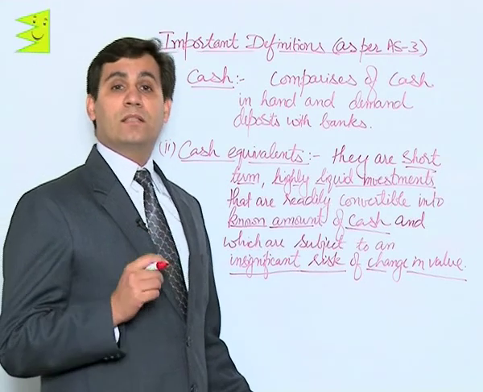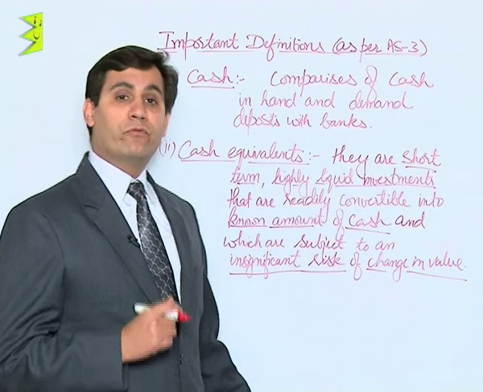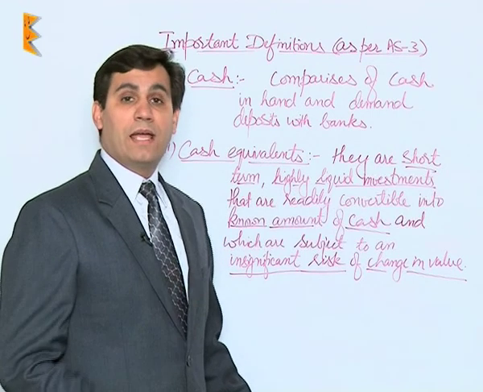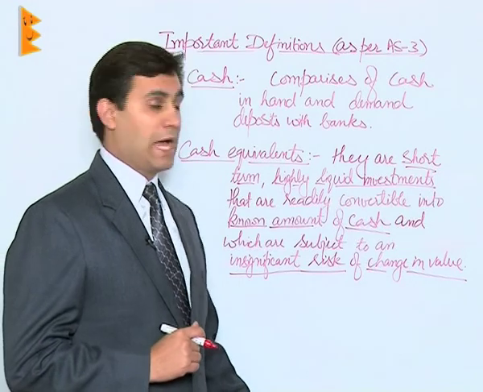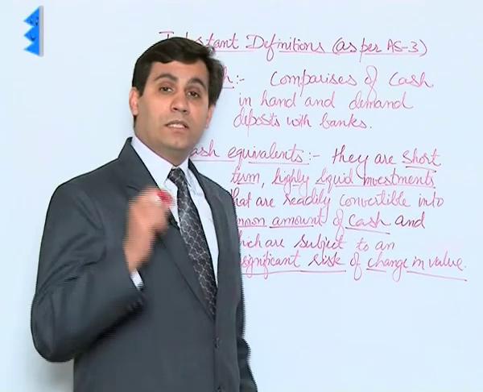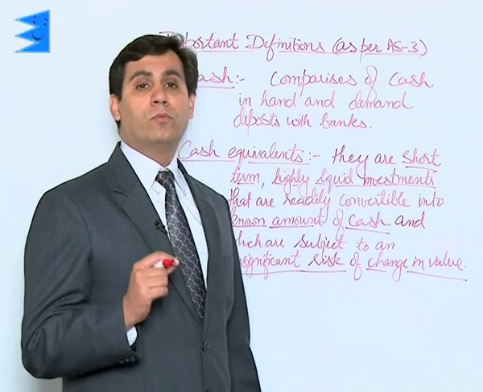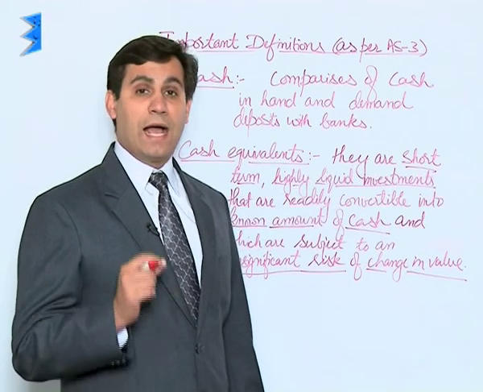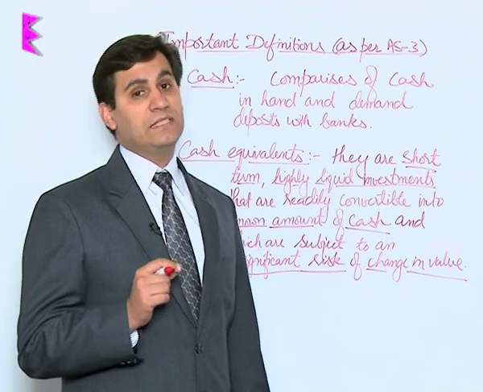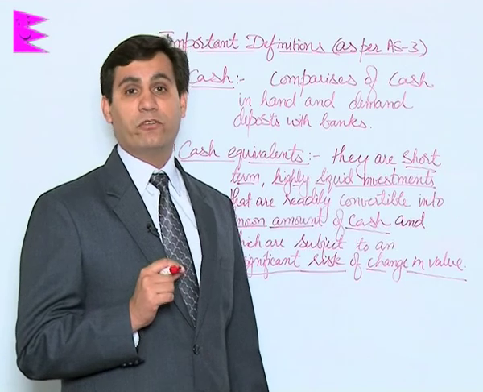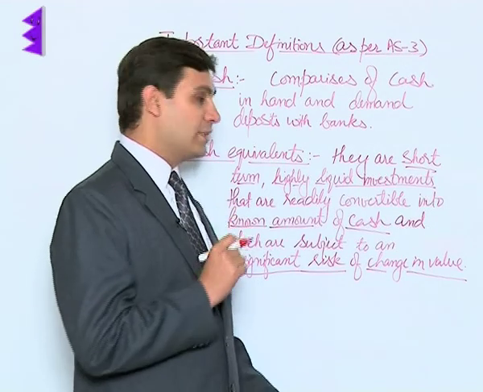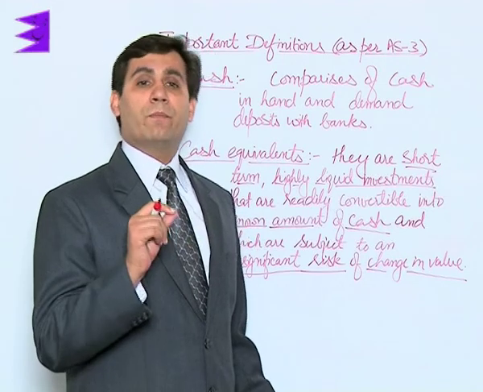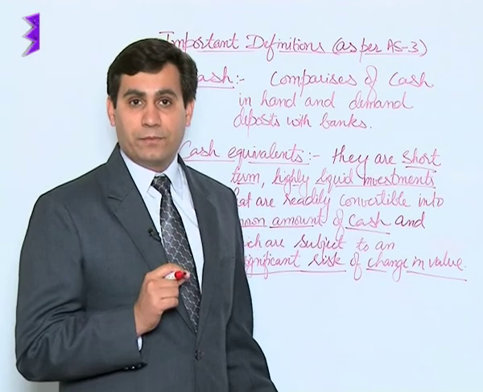Short-term investment means they can be converted into cash within a period of 3 months and are highly liquid. That means readily convertible into cash. Then the amount of cash is almost known to us and it is subject to an insignificant risk of change in value. That means the amount that is known to us is bound to change but very insignificantly.